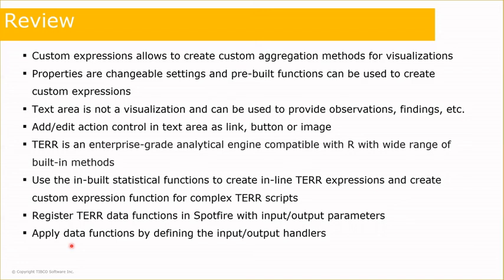You can import or insert these data functions using the data function properties dialog from the library or from the file, and then you can apply these data functions in your Spotfire document by providing the input and output parameters using the input and output handlers. So we need to provide the various inputs from your Spotfire document to be applied to these particular data functions.